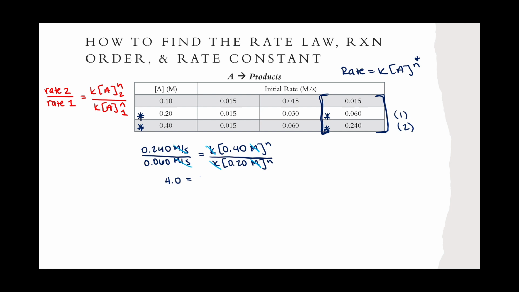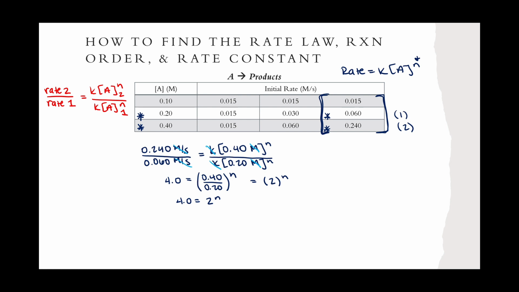So I can go ahead and rewrite this just as a fraction in parentheses, raising that whole fraction to the n power. If I simplify what's in parentheses, 0.40 divided by 0.20 equals 2. That's still being raised to the n power. And I'm just going to rewrite this below. I'm going to drop the parentheses.